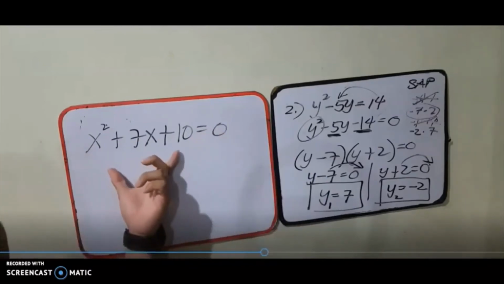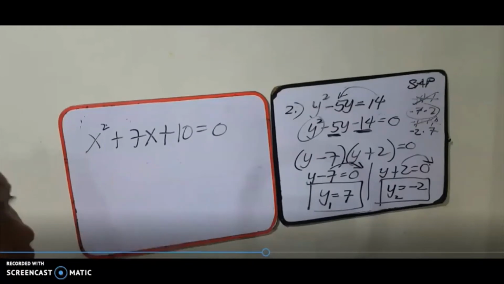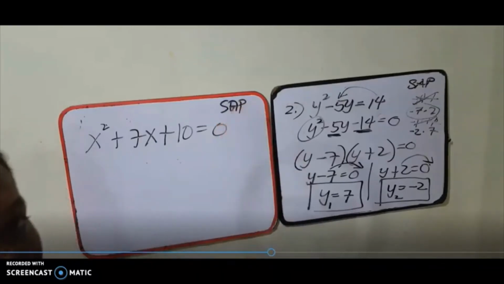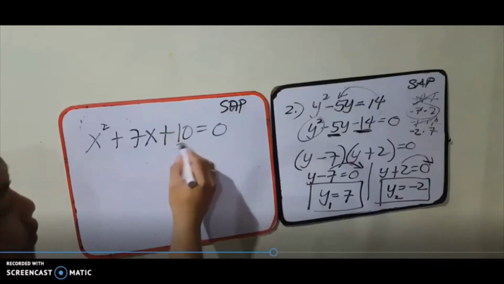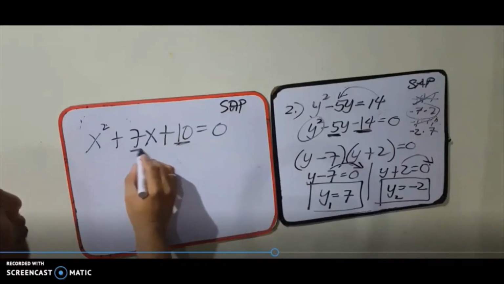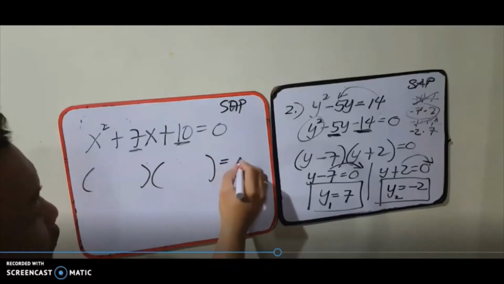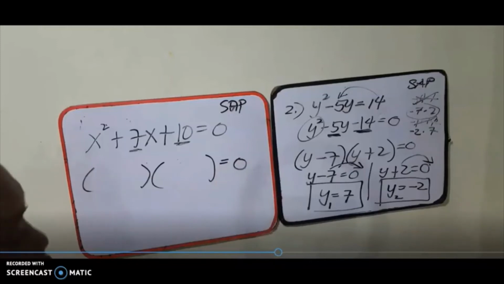As you can see, the equation is already written in the general form of the quadratic equation. So right away, we can apply factoring, using the sum and product method. What we are going to do is take the factors of 10 that will be added. The sum is 7. So we know that the factors of the quadratic trinomial are binomials.